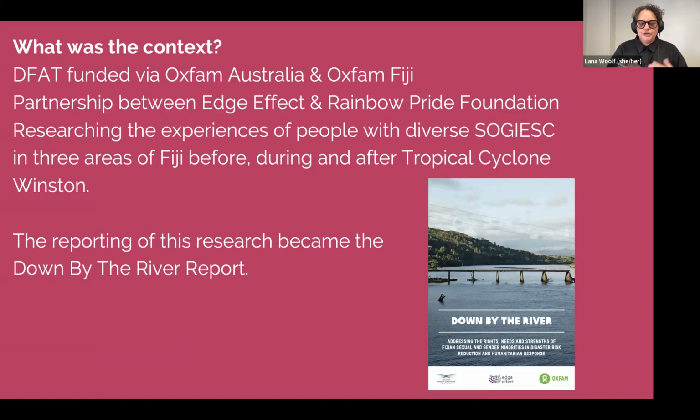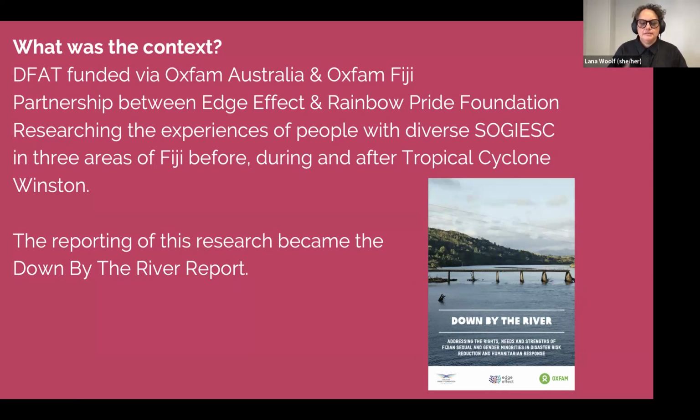We were trying to find out information around what their experiences were before, during, and after Tropical Cyclone Winston. We did the community mapping in all 3 places, but I'm just going to talk about the example of Suva.